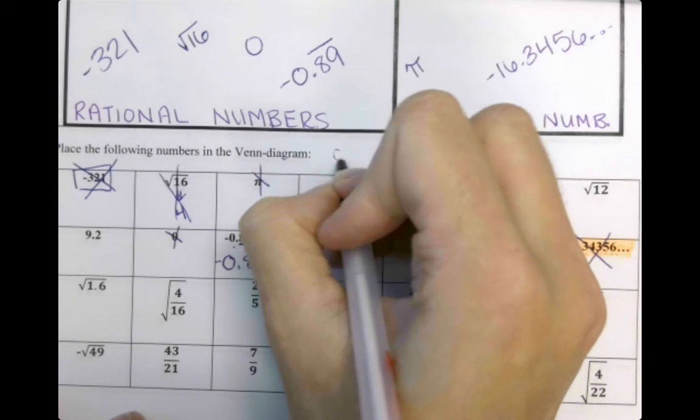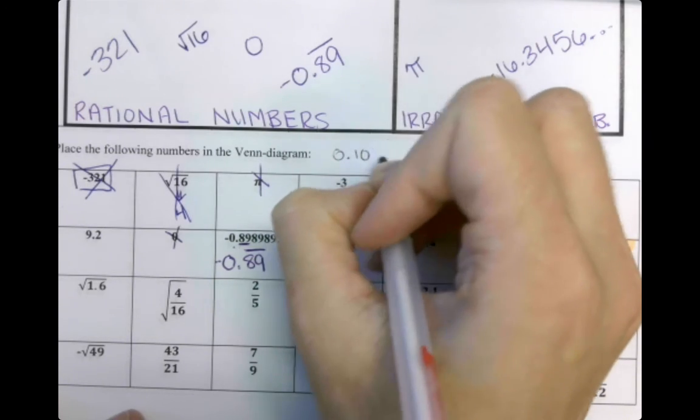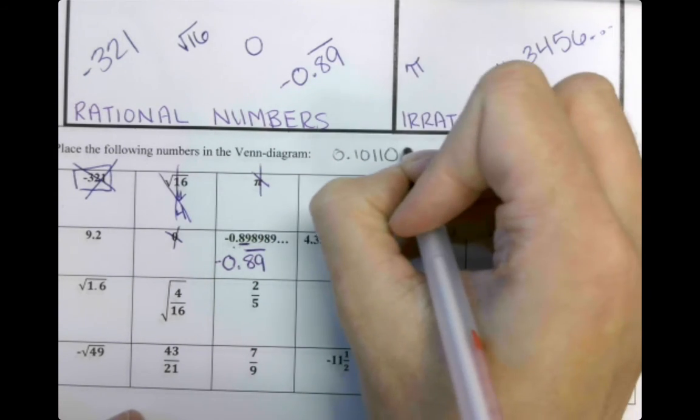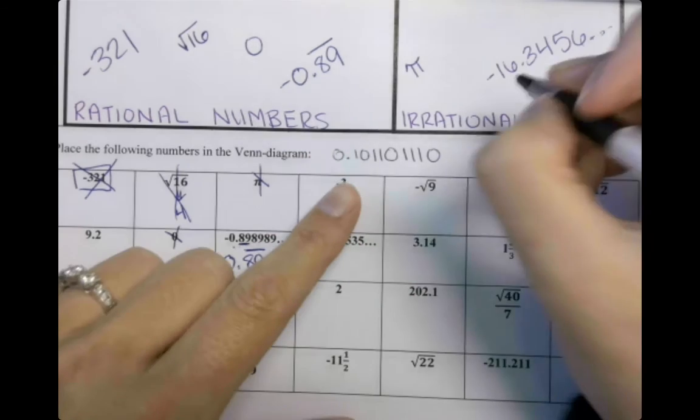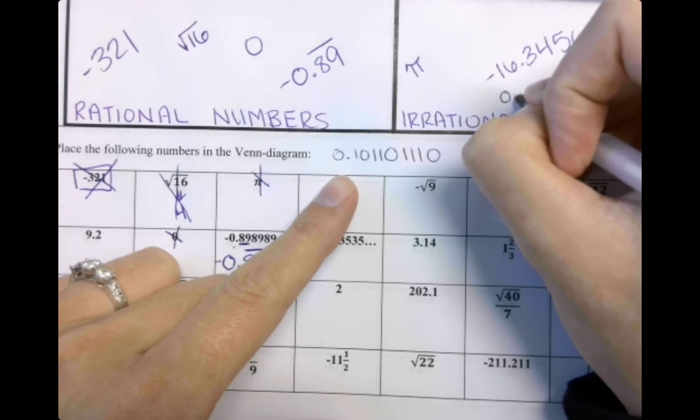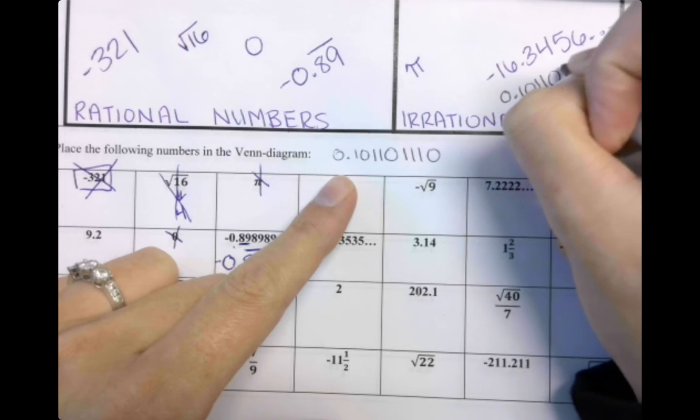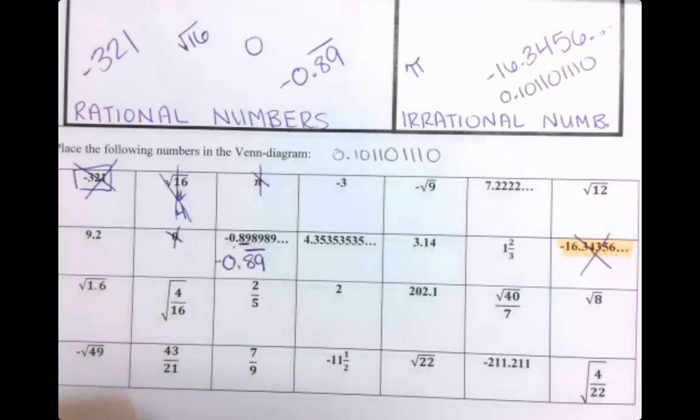They'll put 0.101101110. So you might look at that and say, well, Miss Davy, it's not the same numbers repeating, but it has a pattern to it. But because it is not specifically this number or this pattern of numbers repeating, it only has a pattern to it, it's going to go in irrational. So this one would go here, okay?